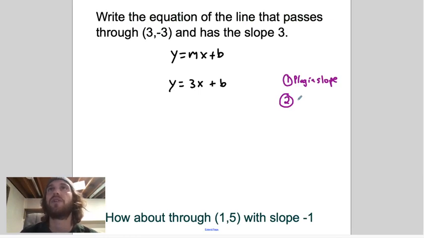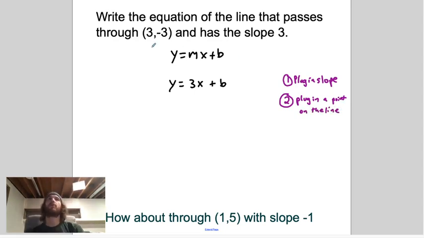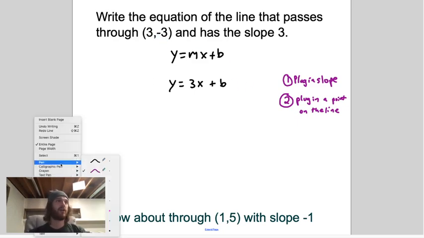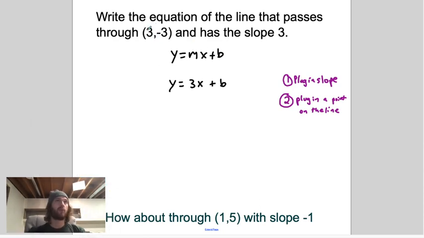So I'm going to plug in or substitute a point on the line. I know that the point 3, -3 is on my line, so I'm going to go ahead and plug that into my equation for x and y.